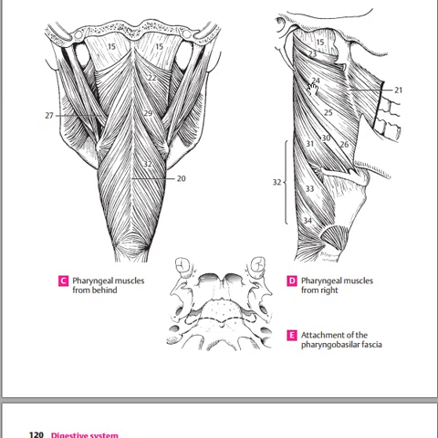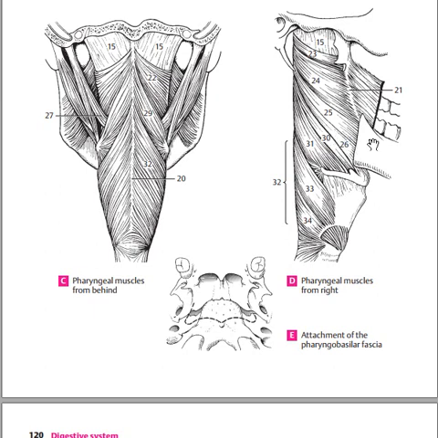Now the next part, number 24 here, is the buccopharyngeal part of the superior constrictor muscle. The buccal part is still on the pterygoid plate, but here you have the buccal part more closer to the buccal cavity. And then number 25 is the mylopharyngeal part of the superior constrictor, and then number 26 is the glossopharyngeal.